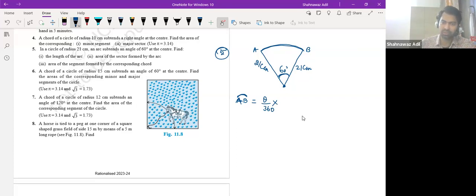Are you there, Amar? Yes. So what should be in here? There are only two things, pi r square or 2 pi r. So what should be in here? Here, remember, we are calculating the length.